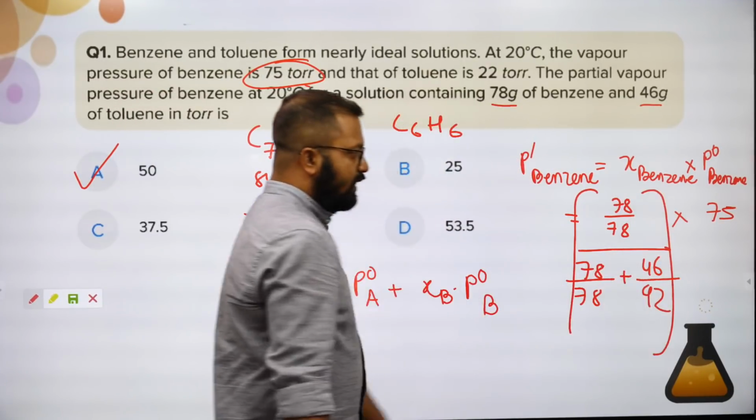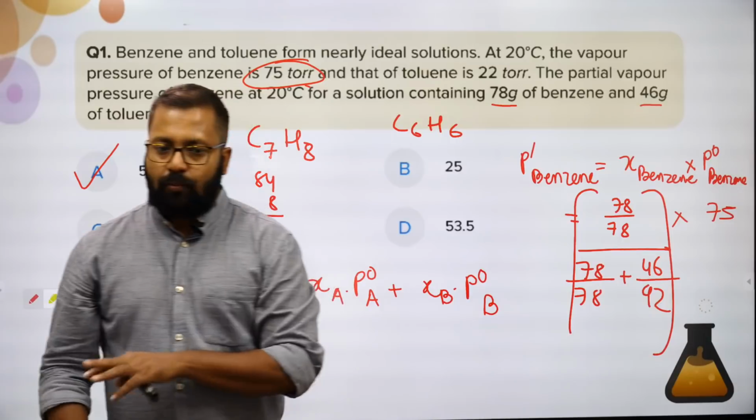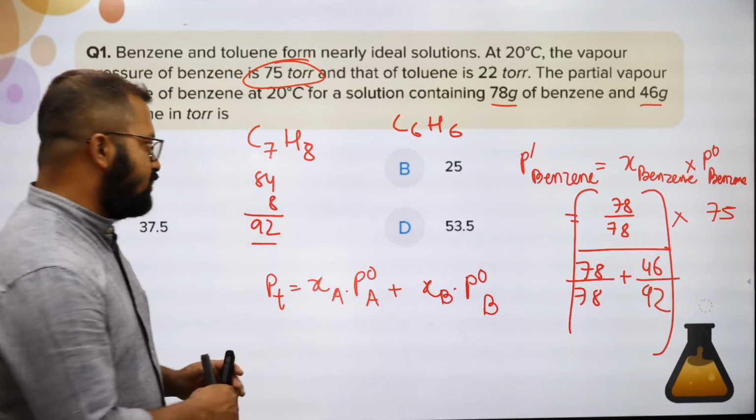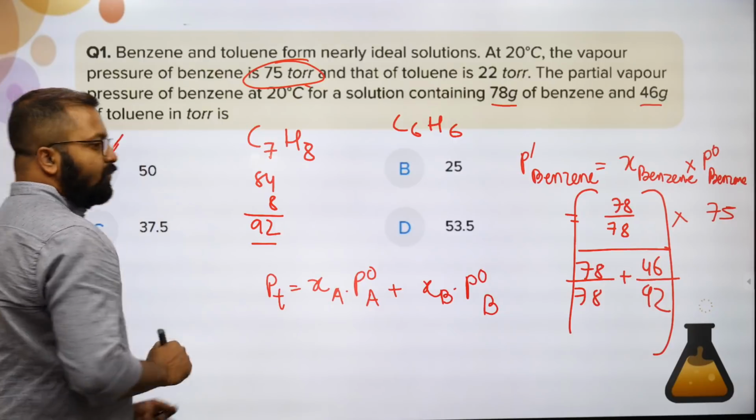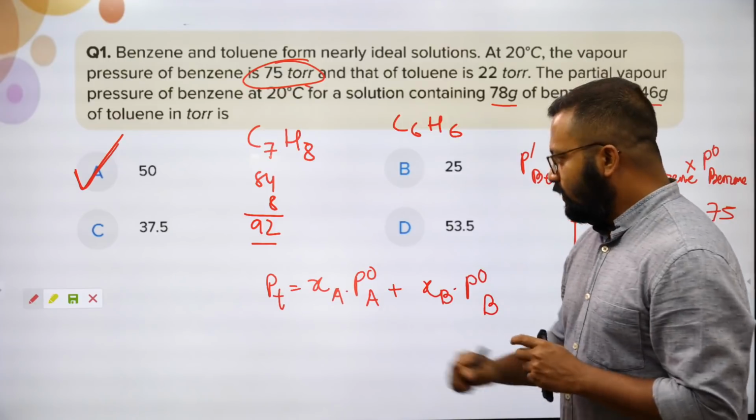You will solve this: this will be 1, this will be 1, this will be 0.5. So 1 by 1.5 times 75, you will get the right answer as 50. Clear?